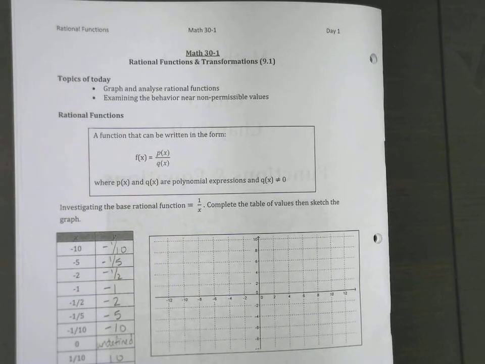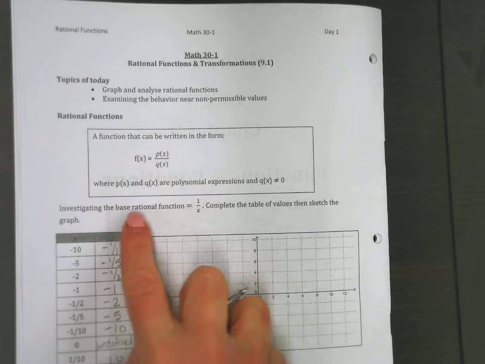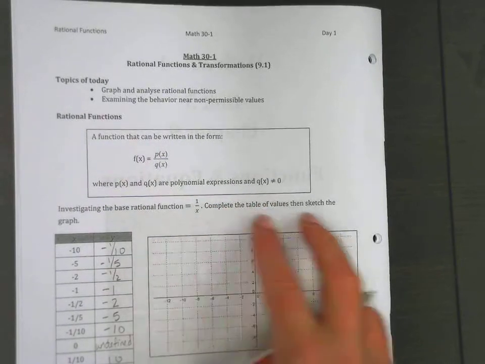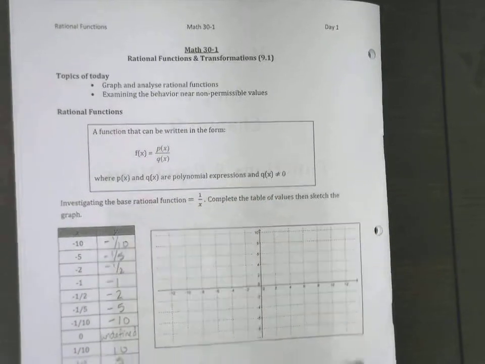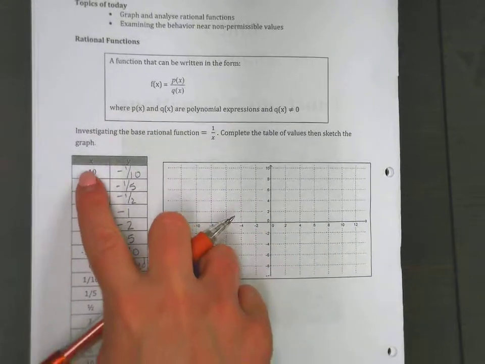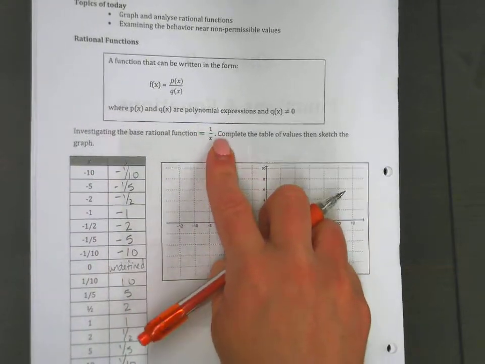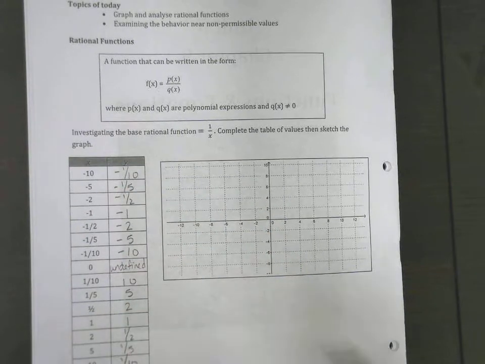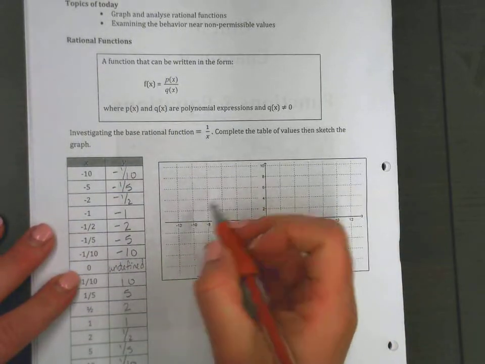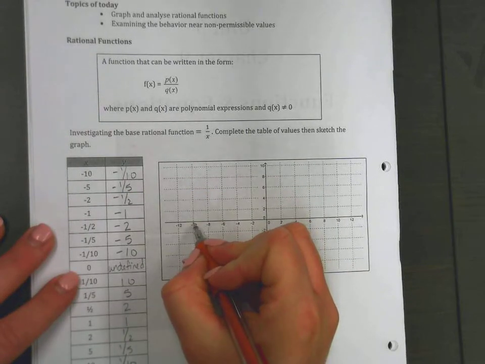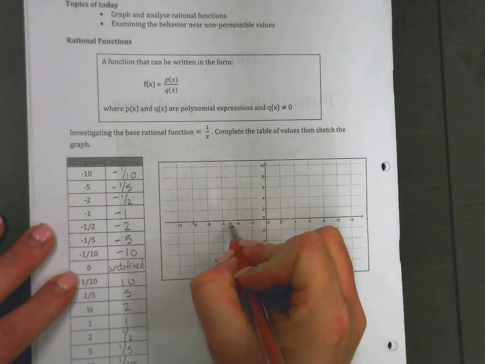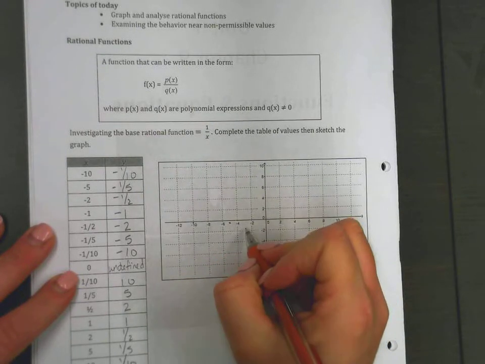By completing the table of values, substituting each of my x values into my function, I get the following y values. I am now going to take each of these points and sketch them on my curve. When x is -10, I get a value of -1/10. -5 is -1/5. -2 is -1/2. -1 is -1.